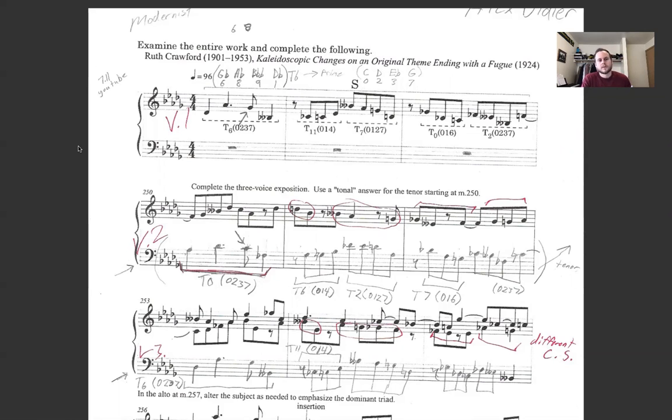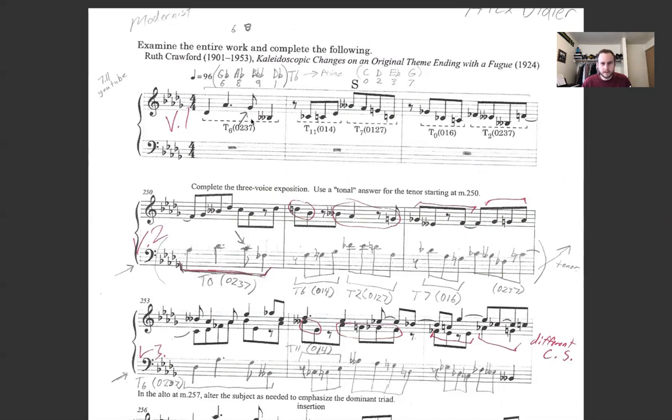In this score, we have all these segments already labeled for us, showing the prime forms, and everything that says T6 or T11 refers to how far that prime form has been transposed. So in this case, since we're in T6, I found the number 6, which is G flat, the 6th key.